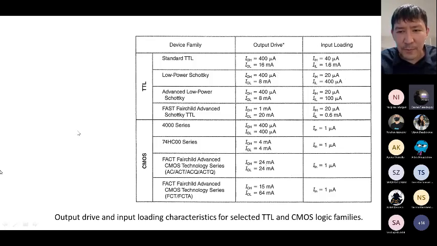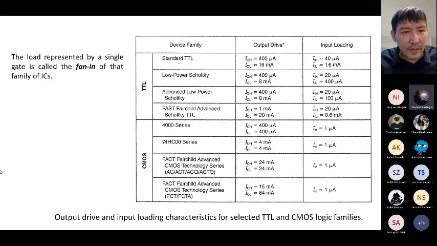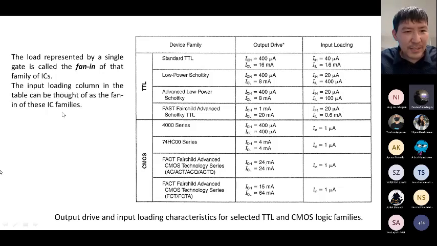Of course, do not memorize it, but you should know where to find this: in the slides or maybe in the book. Sometimes people use the terms fan out and fan in, but fan in is rare terminology.